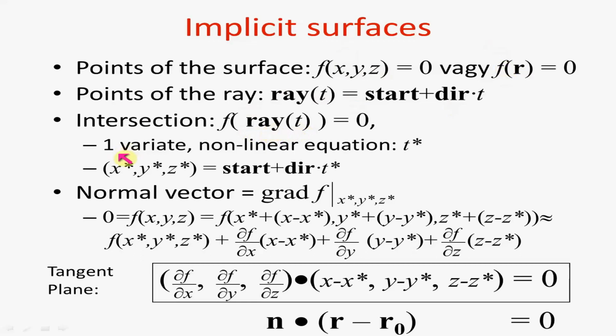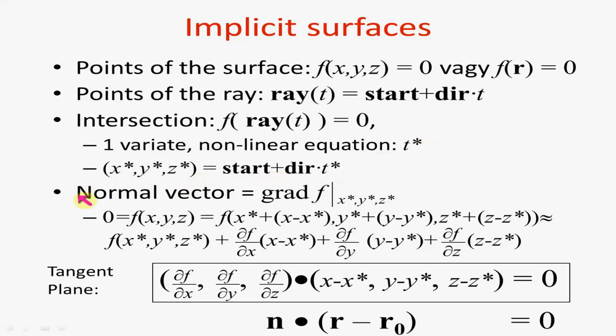So we may have different algorithms, at least numerical algorithms, to find the solution. Let us denote the smallest positive root of this equation by t star. Substituting t star back into the ray equation, we can obtain the Cartesian coordinates of the intersection point.